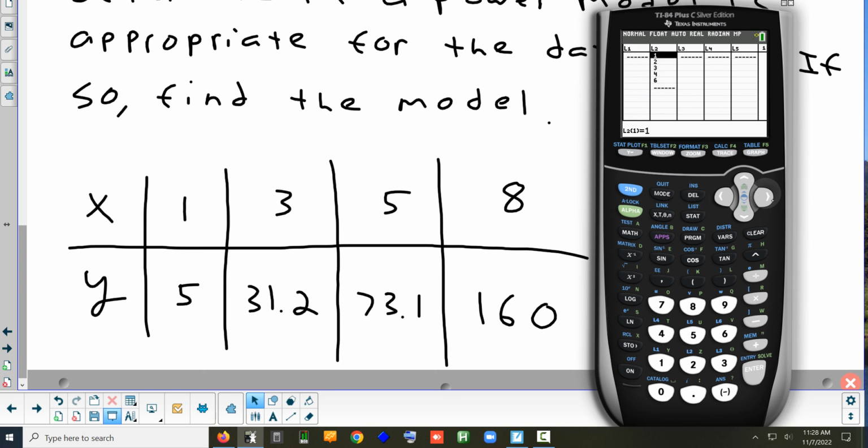By putting them in the table, if it ends up that it looks linear, and I'm supposed to be doing a power model, then I'll already be ready to go because the numbers will already be in here. So you go to Stat, go to Edit, and I do all my x's first because that's when I hit Enter, that's how the calculator does it.